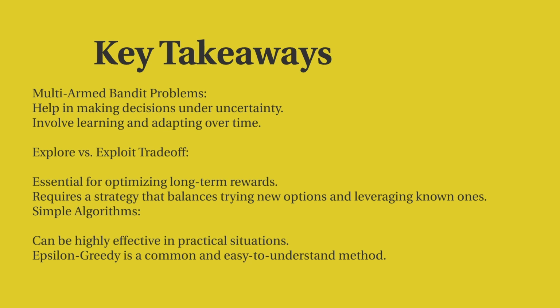So it uses this concept of the explore versus exploit trade-off. That's the idea that you need to balance between trying new things or using something that you already know works.